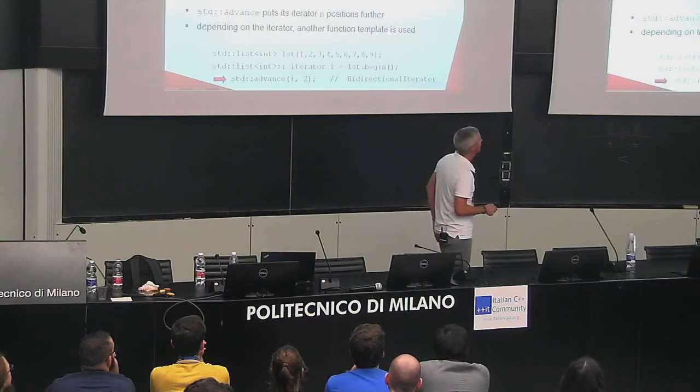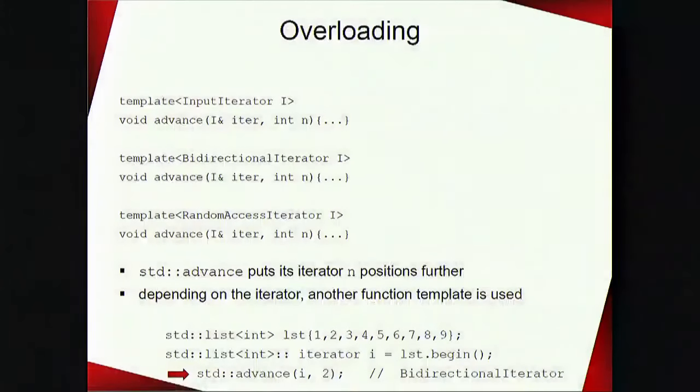And now I can use std list int. I invoke, you see it, std advance. I want to put it 2 positions ahead. And I say e, comma 2. And in this case, std list is a, you know what a std list is? It's a double-ended list of single nodes. So it only supports a bidirectional iterator. In this case, this algorithm is used. And why is this a good idea to overload it?